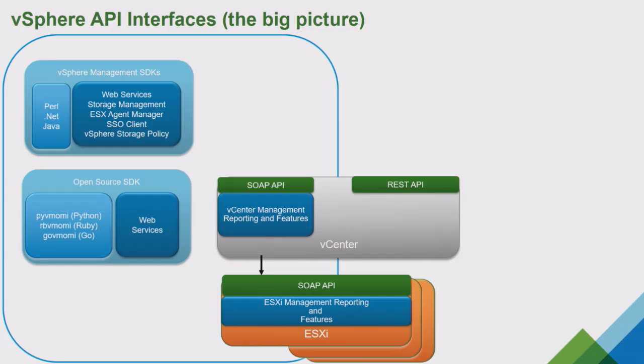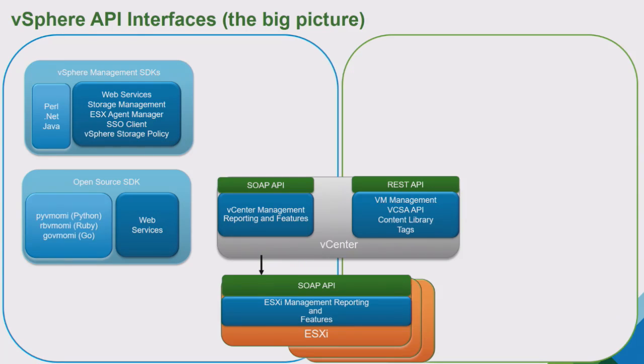So what we can do, and what we started to do, is actually introduce a REST API for Virtual Center, starting in 6.0 with the content library and tagging features, and then building on that in 6.5 to include new features like the VCSA API and also VM management. So clearly VM management is the main thing people want to do when they use Virtual Center.